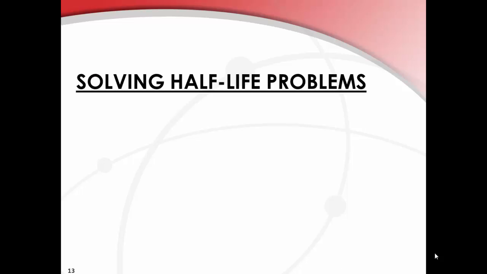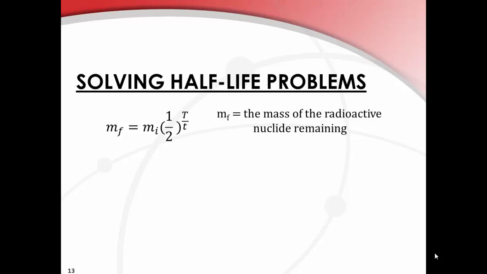There are a variety of ways to solve a half-life problem. You can just think it through, or you can use the mathematical equation shown here, where m sub f equals the mass of the radioactive nuclide remaining.